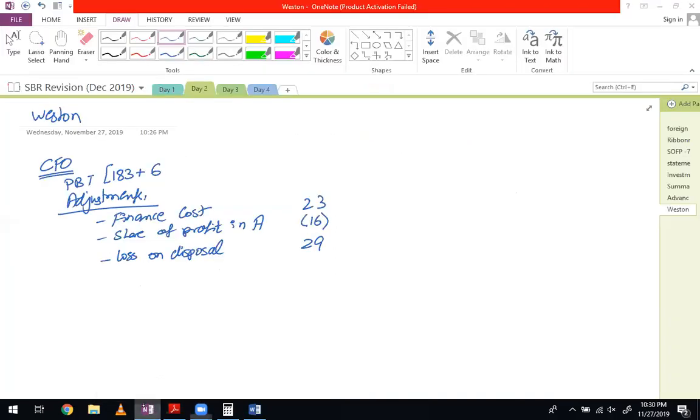But the correct treatment is that we should ideally deduct 29 from over here and then add it back. Ideally, we should be deducting it from the PBT because this was the correct PBT of the discontinued operation. So it should be 6 minus 29, and because 29 is non-cash, we should be adding it back in the adjustments.